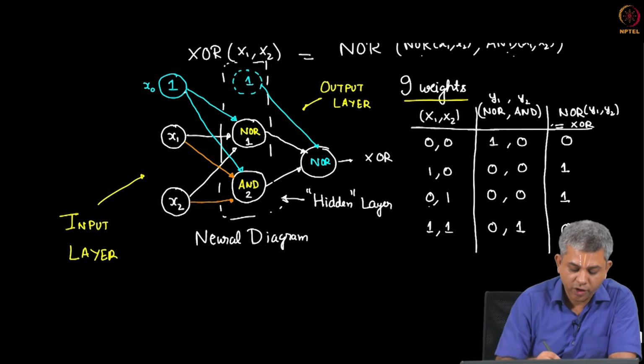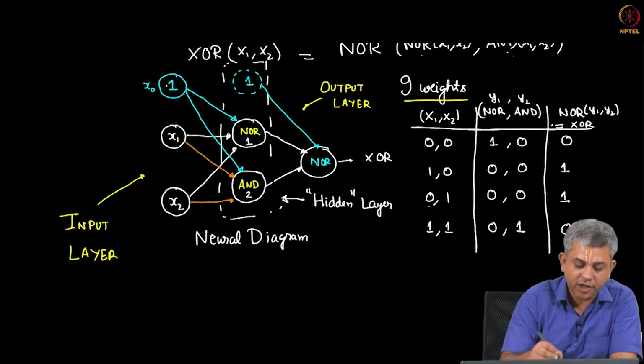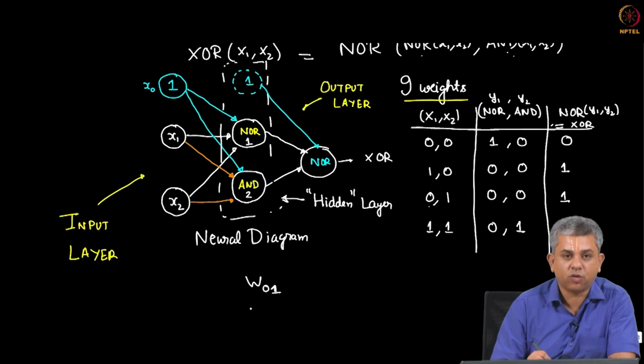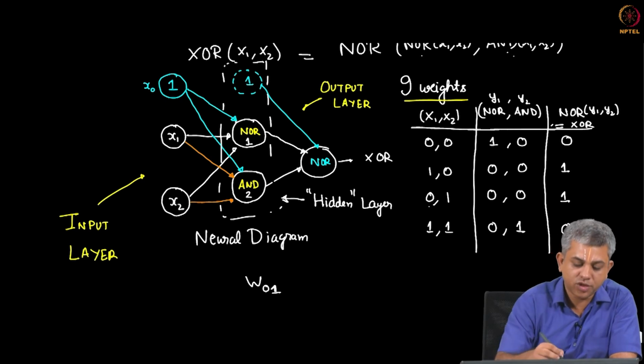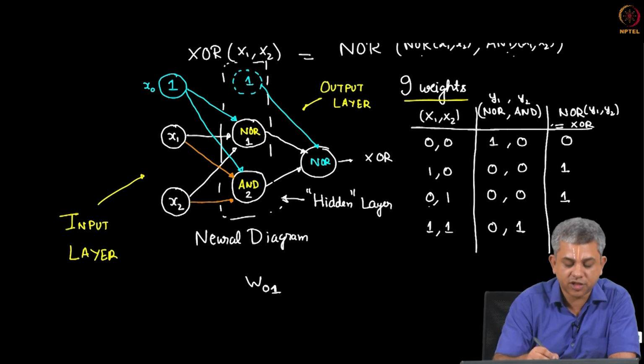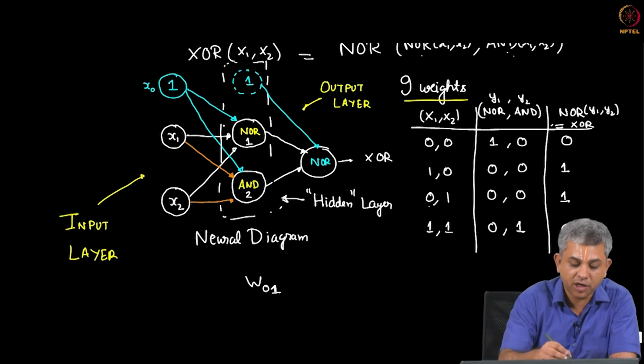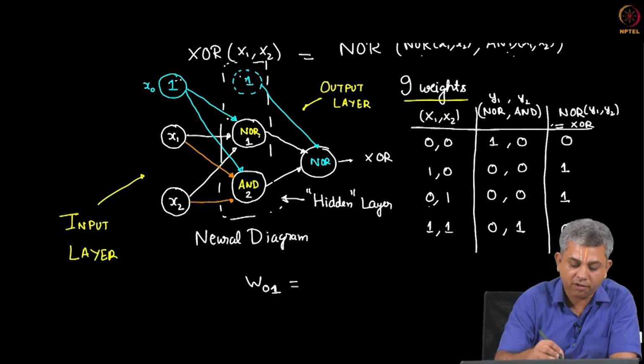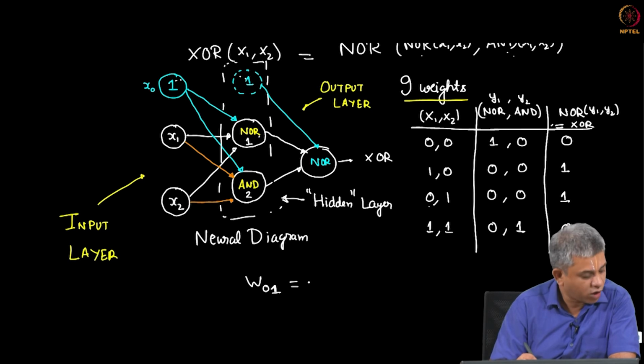So, the weight going from the 0th unit here to this, I will call that W01. W01 is from the bias unit of the input layer to the first unit of this layer. Remember, there is nothing that goes from here to here, there is only from here to the first unit. So, W01 was the NOR weight, which is 1.